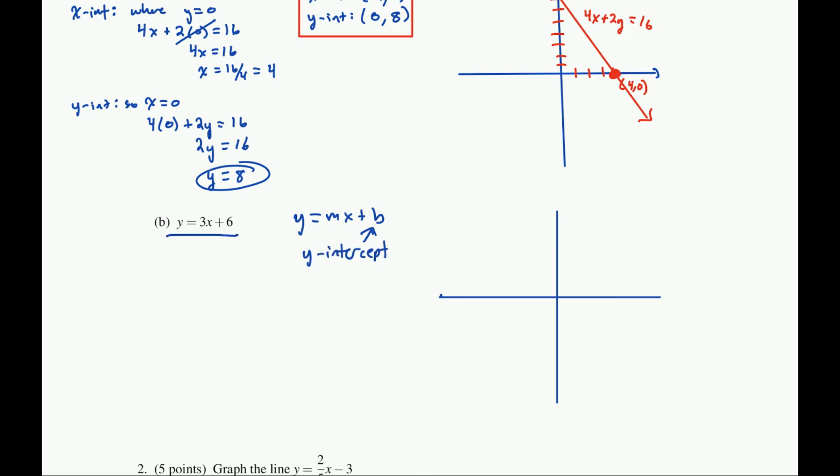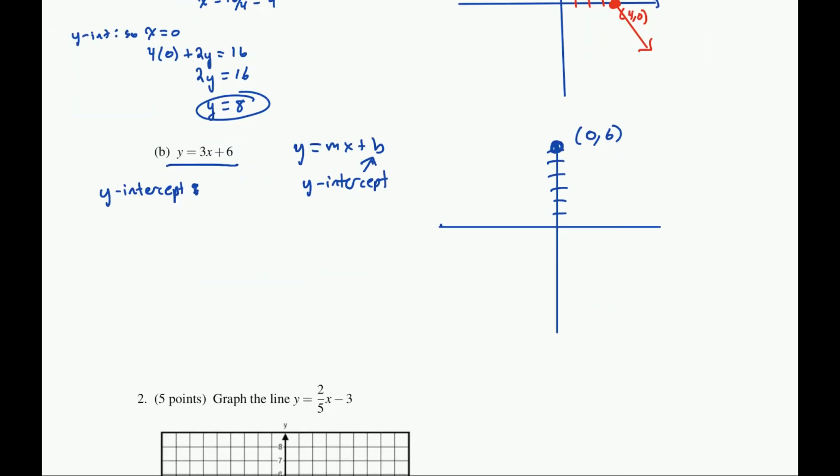So I can just look at this and say that the y-intercept is y equals 6. And of course, for the y-intercept, x equals 0, so it would be (0, 6): 1, 2, 3, 4, 5, 6. There's your y-intercept. You don't have to worry about just knowing that. You can do this one exactly the way you did the previous problem as well.